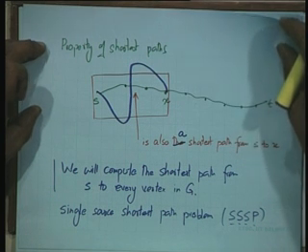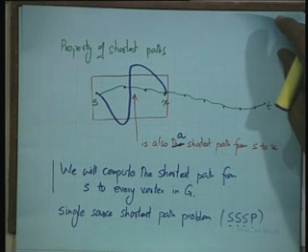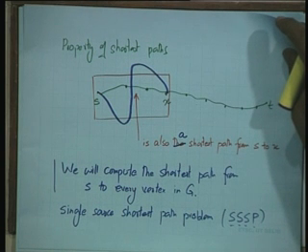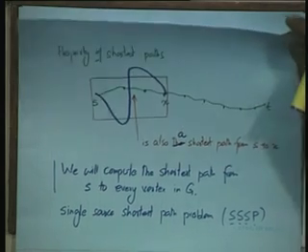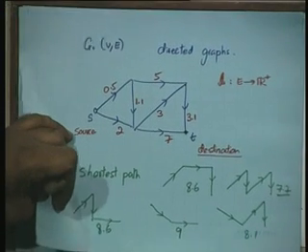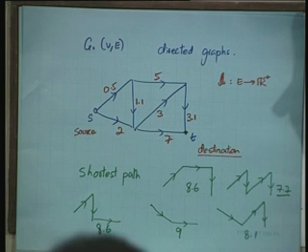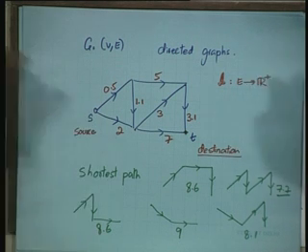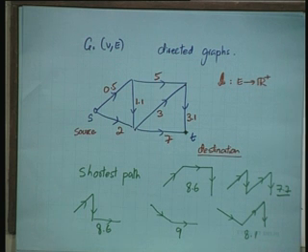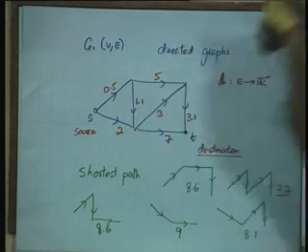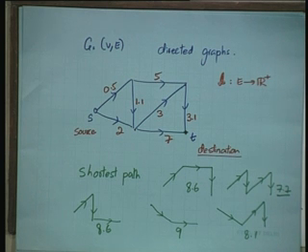Okay. Now, given that we are not just interested in the shortest path from S to T, but the shortest path from S to every vertex in the graph, let us see what we can say about this example again. We are interested in the shortest path from S to every vertex in the graph. Okay? Looking at this picture, without using your head too much, the shortest path from S to which vertex is immediate?